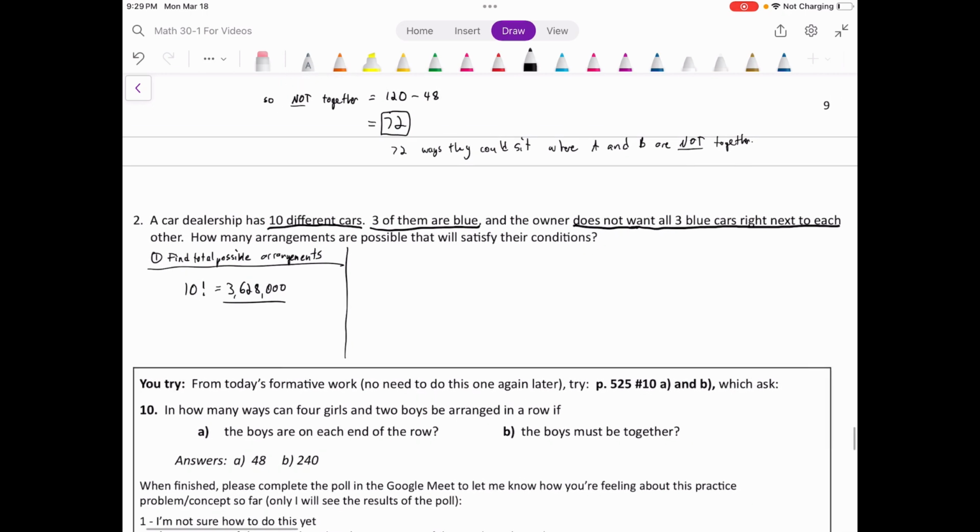So to get at what that number is, let's figure out how many ways where they are together. So we'll find ways where they are together. Okay, so look at it this way, right? There are 3 blue cars. They are together for us here.